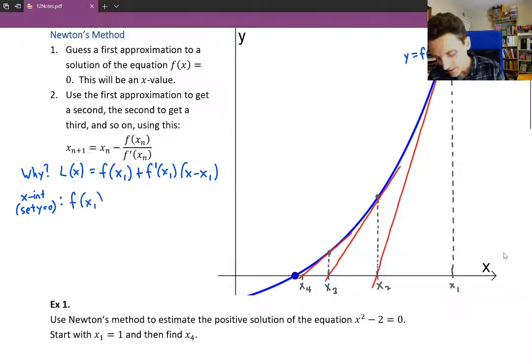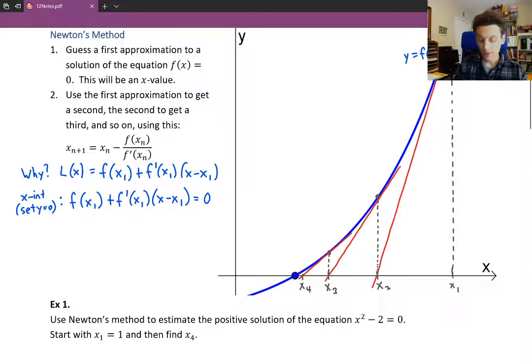So we have f of x sub 1 plus f prime of x sub 1 times x minus x sub 1 equals 0. If we can figure out the x value where that's true, then we'll have figured out x2.